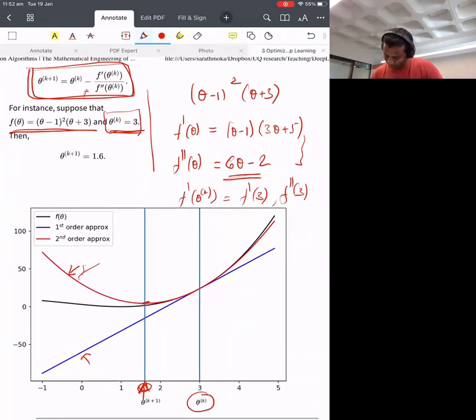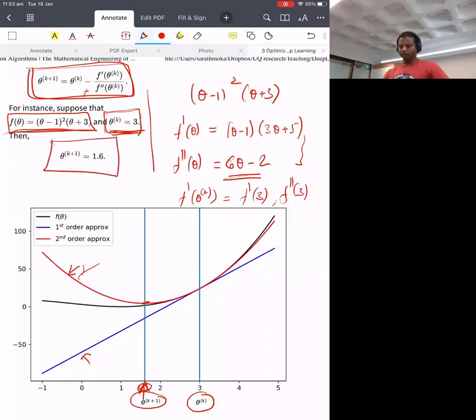If you're at theta k, and you can see that for this particular example where you are using theta k to be 3 and the function to be this, you get theta k plus 1, the next point, to be at 1.6.